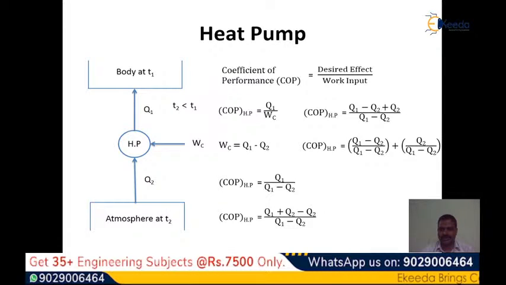In the next step we can write Q1 minus Q2 divided by Q1 minus Q2 plus Q2 divided by Q1 minus Q2. Separating these terms into fractions, the first becomes 1. So this will be 1 plus Q2 divided by Q1 minus Q2, which is the COP of the refrigerator. So the COP of the heat pump is 1 plus the COP of the refrigerator. So that is about the COP of the refrigerator.